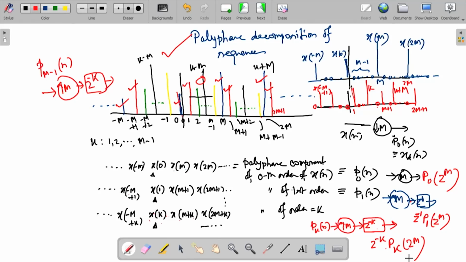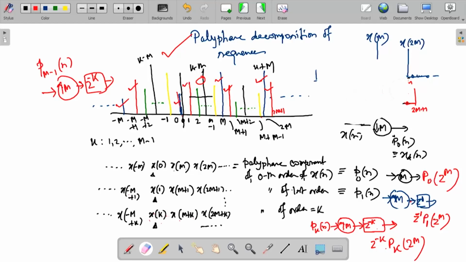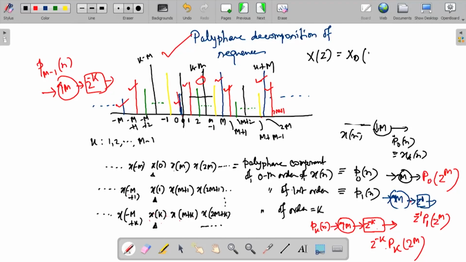So, x z will be this plus this plus this, like that. That means x z. Now instead of P 0 z I am calling it x 0 z. This I am calling x 0 z.